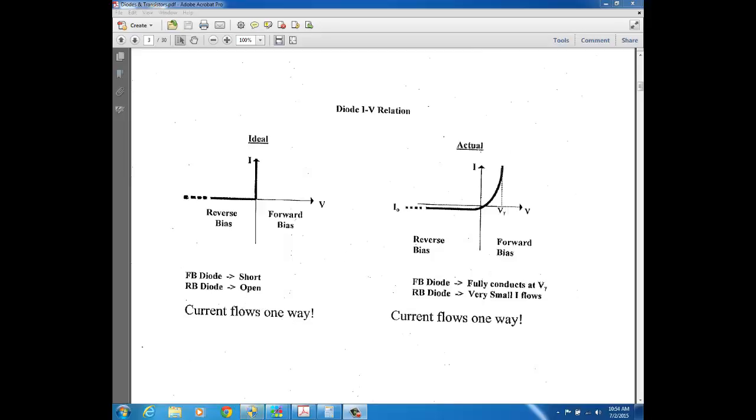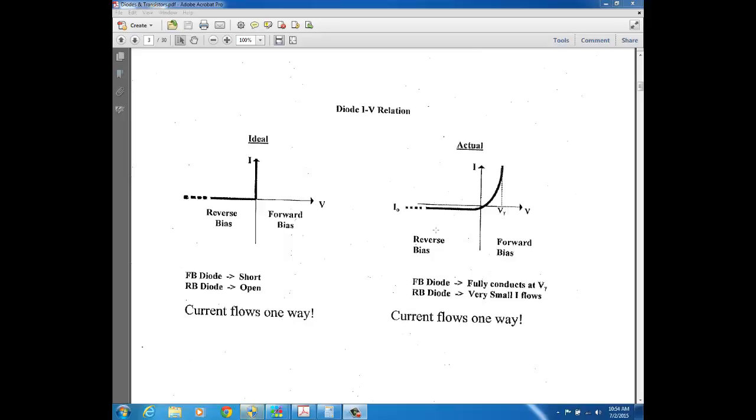Well, in the actual case, here's the IV curve for the actual case. And the big difference, like we talked about, is that there's a depletion region that first has to be overcome before current will freely flow through the diode and be limited only by the resistance that's in the diode's path. So if you take a look at this IV relationship and compare it to the ideal case, you can see the differences.